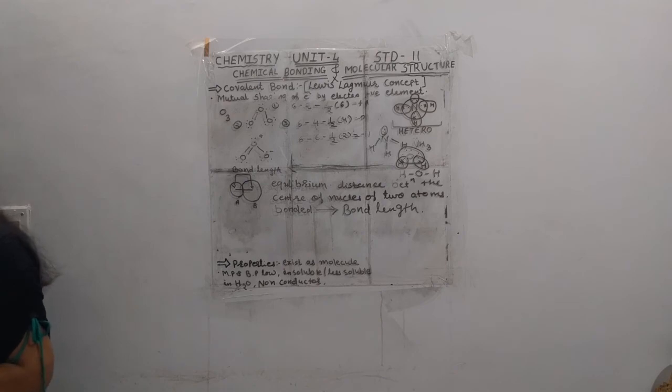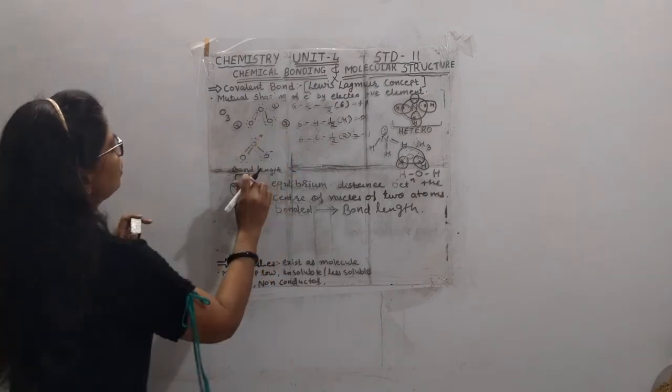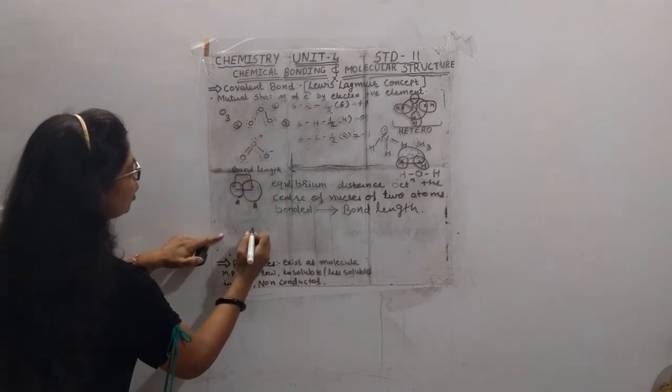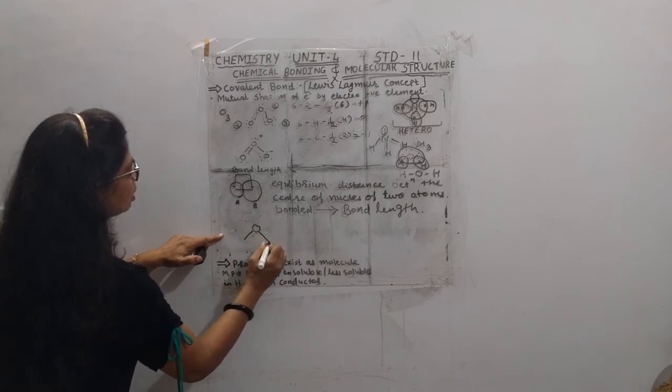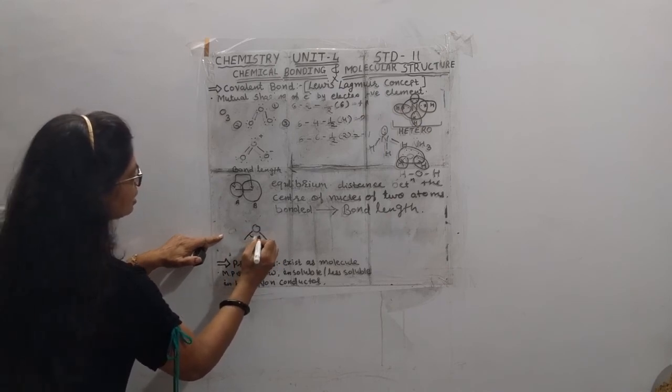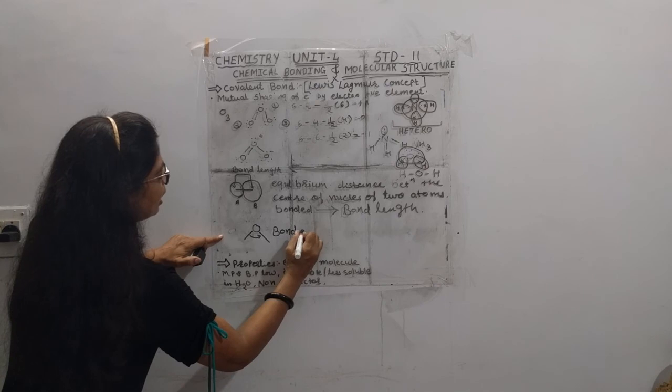Now if we think about the bond angle, student, bond angle is the angle between the lines representing the orbitals containing the bonding electrons. Now here we'll think about the O3 molecule. So this is considered as a bond angle.